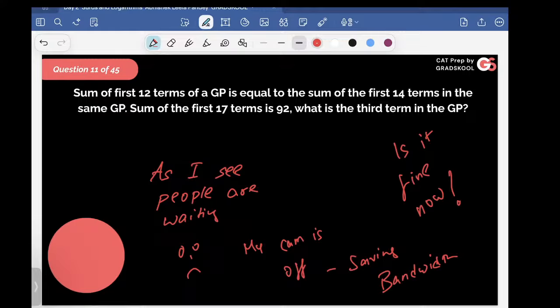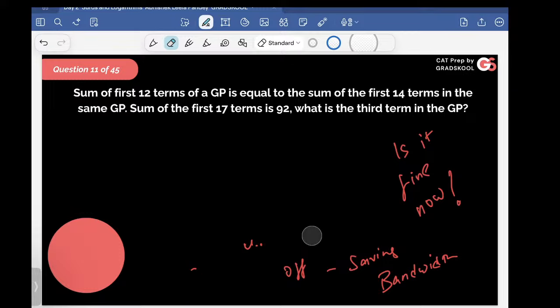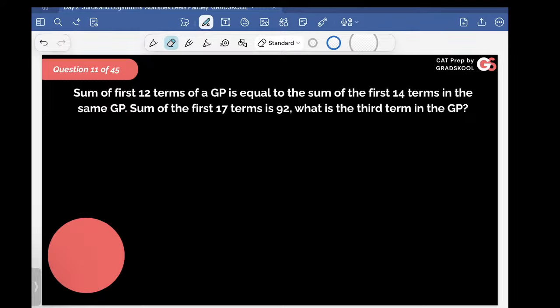Is it fine now? Okay. Smoother. Chalo. The previous question was done. Let's do this one. This wasted some time. Anyways, let's try and do this one. Cool then.